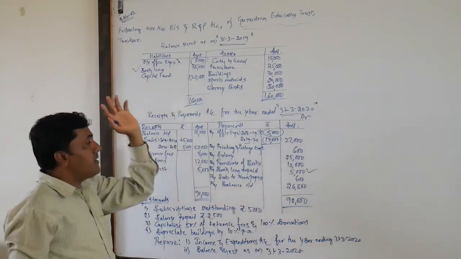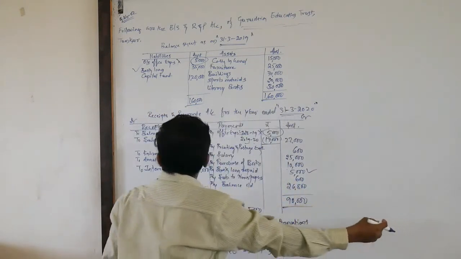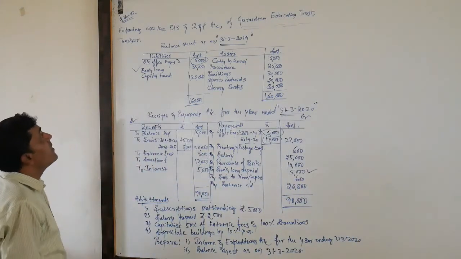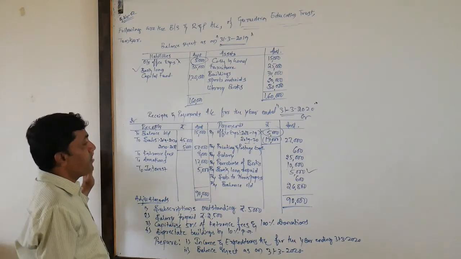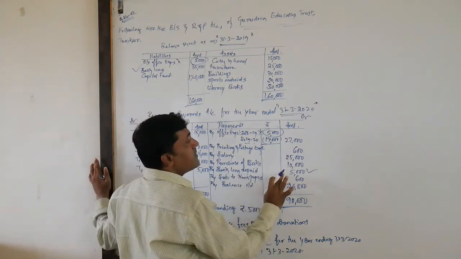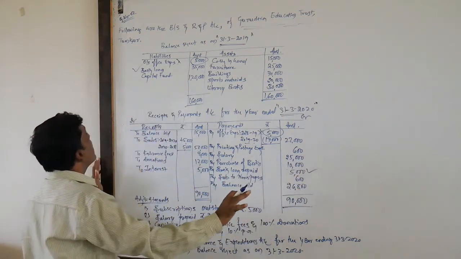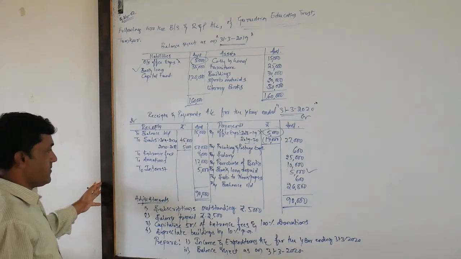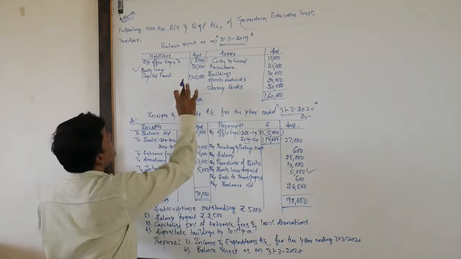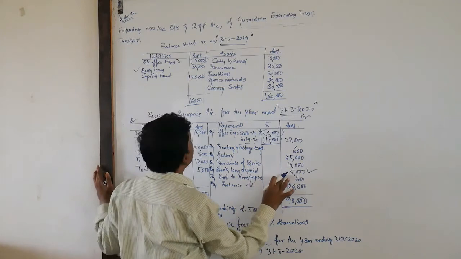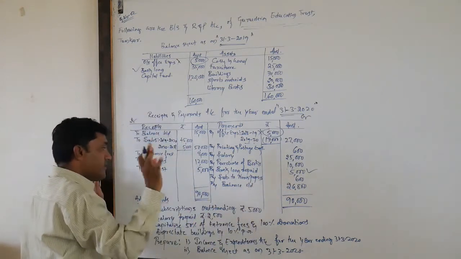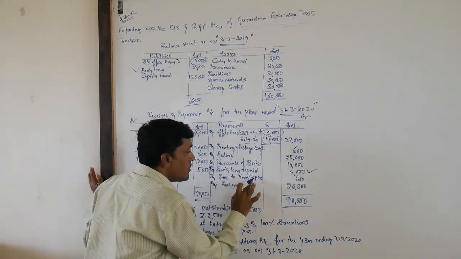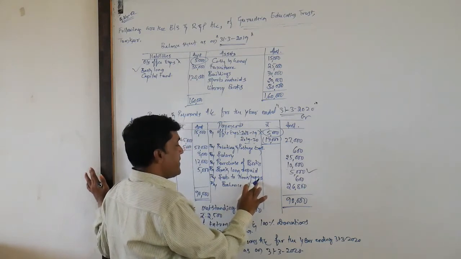In the current year balance sheet, we need to show on the liability side bank loan 35,000 payable amount, paid rupees 5,000. So the payable amount remaining is 30,000. Out of 35,000 we deduct 5,000, remaining amount is 30,000.